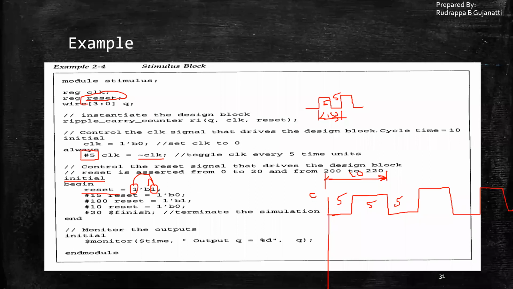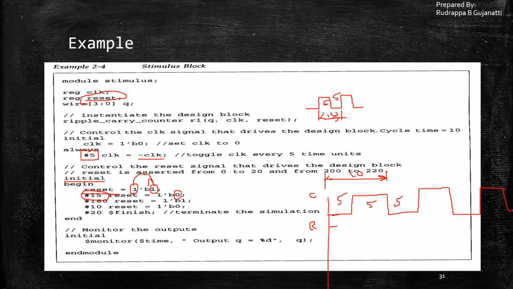So here, if this is the clock and this is the reset, initially you are setting it to high. Next, you can see that after 15 units, you are making it 0.